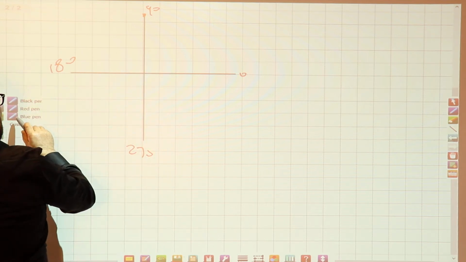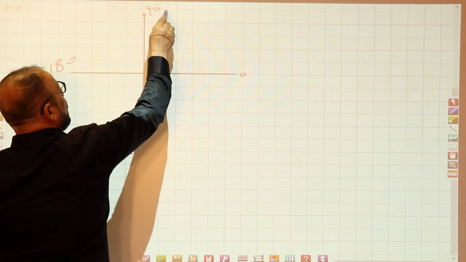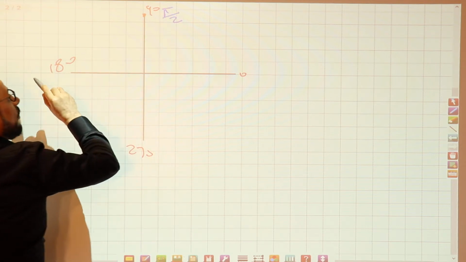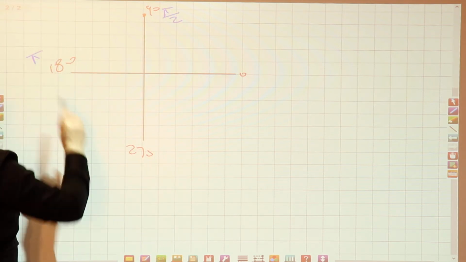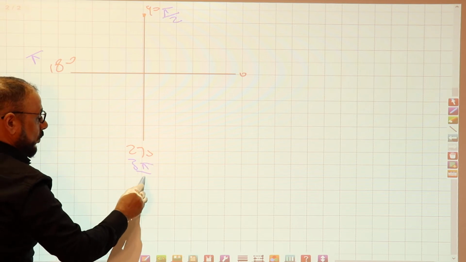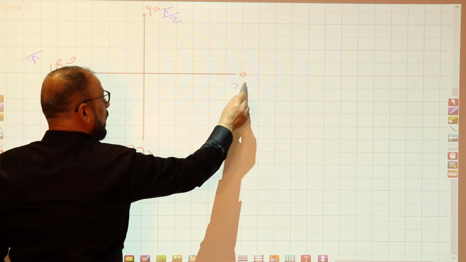And the same as degrees, we have radians: pi over 2, pi, 3 pi over 2, and here 2 pi.